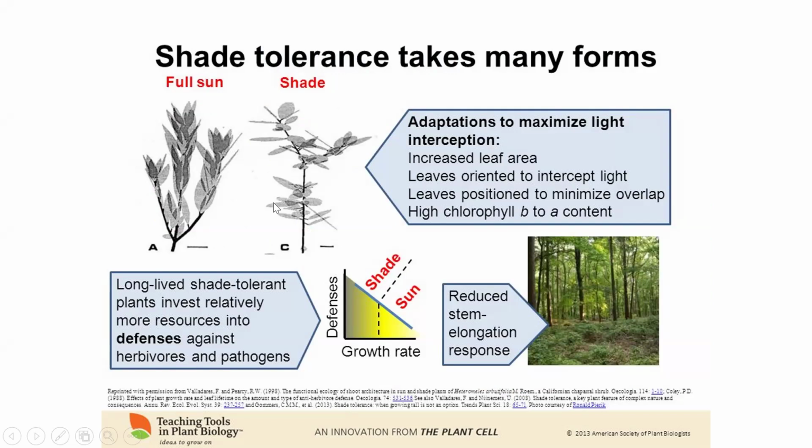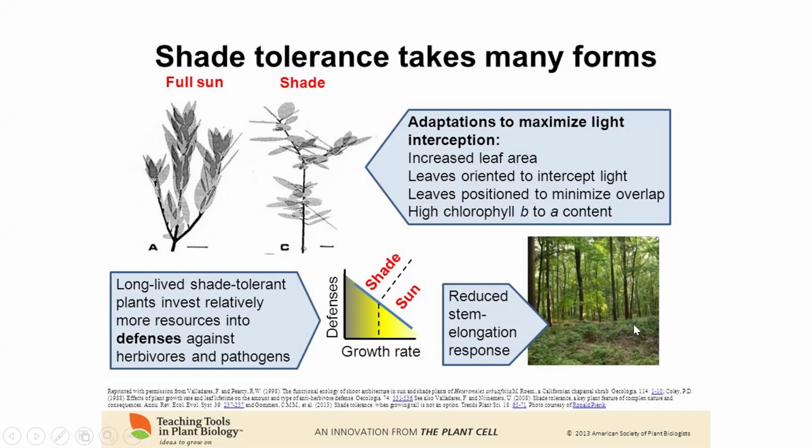But if a plant is growing in shade, it tends to increase its leaf area. They tend to be taller, the leaf positioning may change, and they may change their chlorophyll constituents somehow.